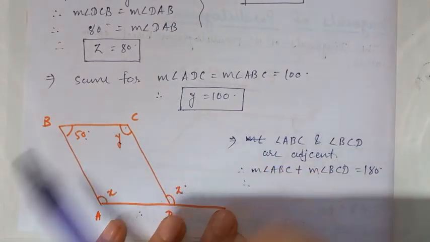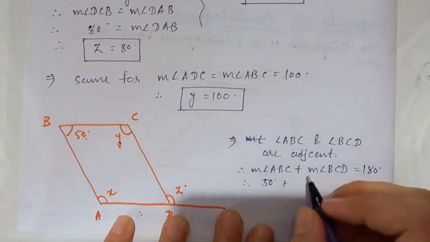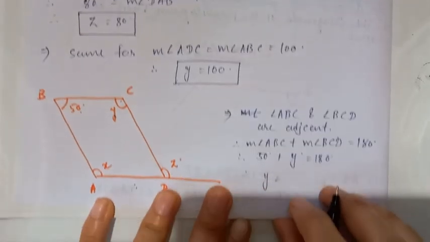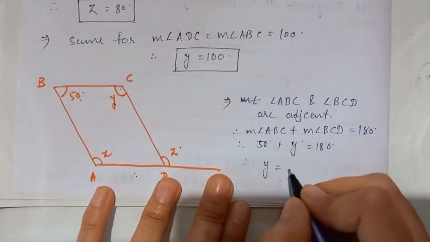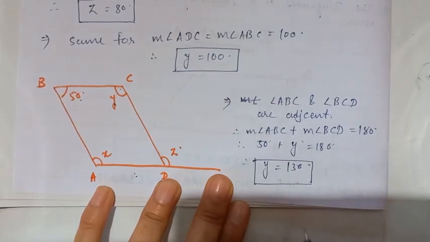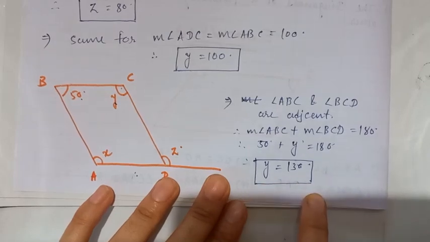Measure of ABC is given as 50, plus BCD, which is y degree. So transpose this 50: 180 minus 50 is 130 degree. So y is equal to 130 degree.